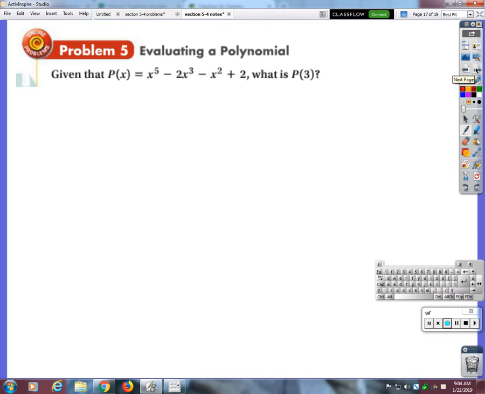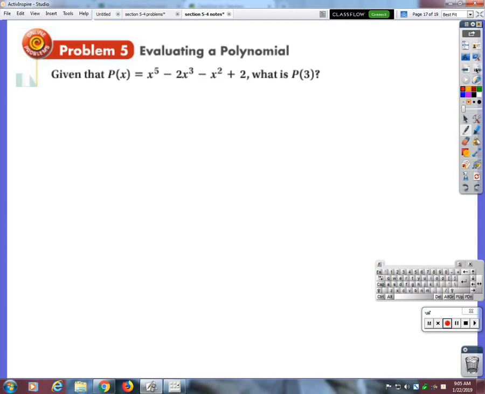So if I give you that polynomial right there, x to the 5th minus 2x cubed minus x squared plus 3, and I ask you, what do you get when you plug in 3? Most of you will just on your calculator go 3 to the 5th minus 2 times 3 cubed minus 3 squared plus 3 and get the answer that way.